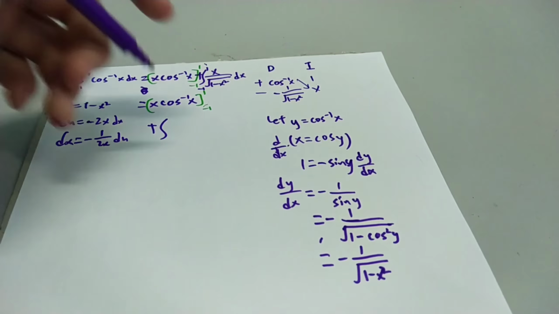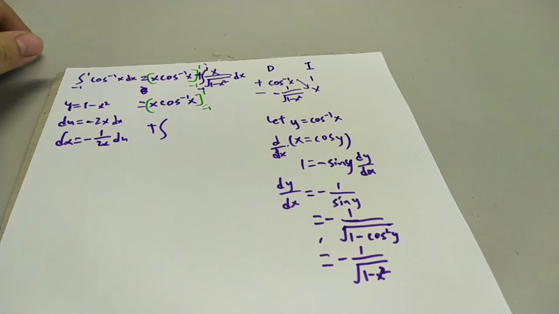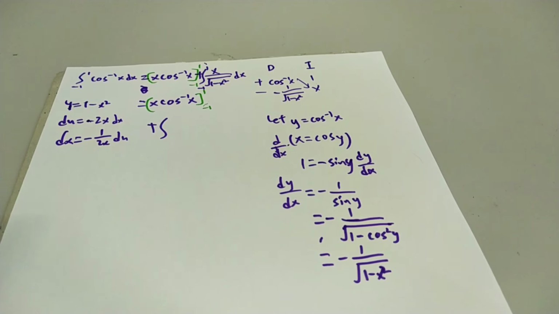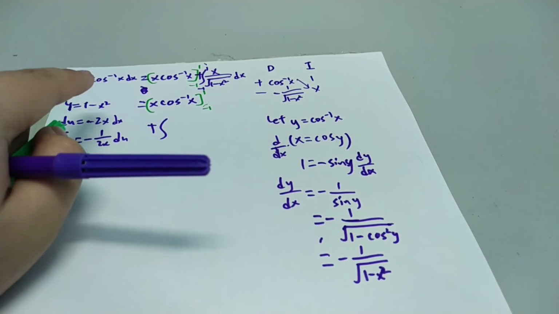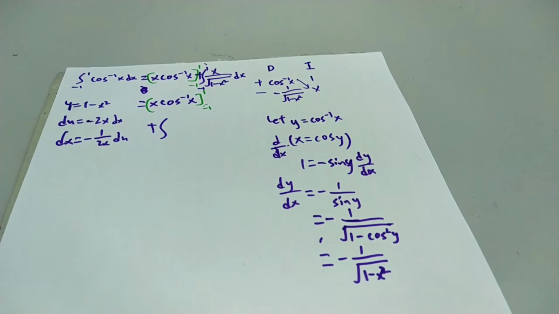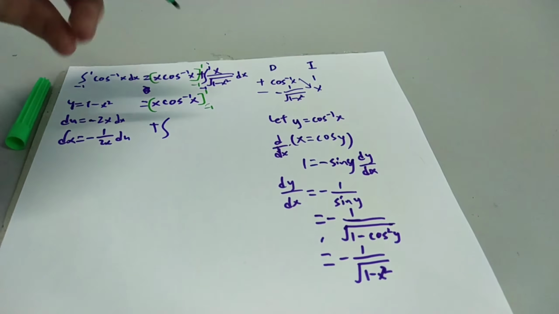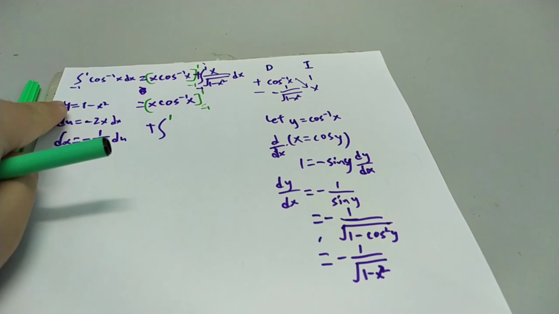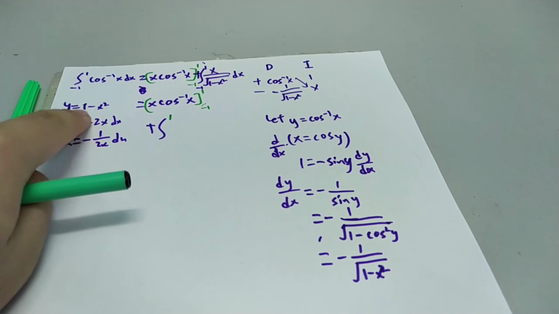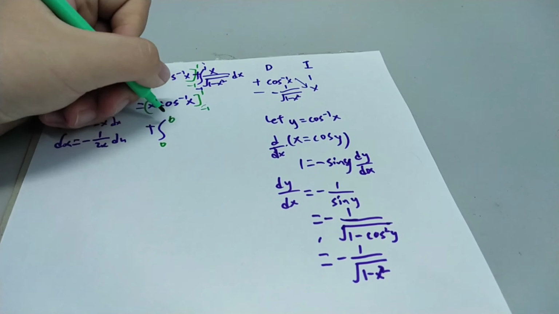Since we are applying u substitution, we can take the values of x at the lower and upper limits to the respective u values. So as x is equal to 1, u is equal to 0. And x is equal to negative 1, u is equal to 0 also.